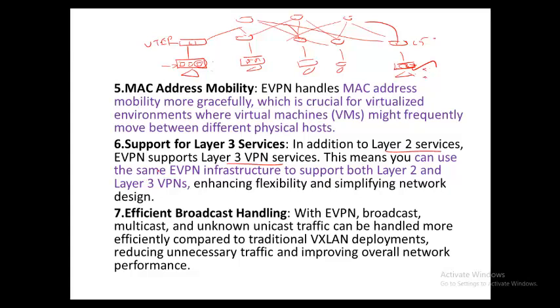Next is efficient broadcast handling. See, because you have EVPN for all broadcast, multicast, and non-unicast, you don't need to flood all the time because BGP is the one which is going to carry the traffic.